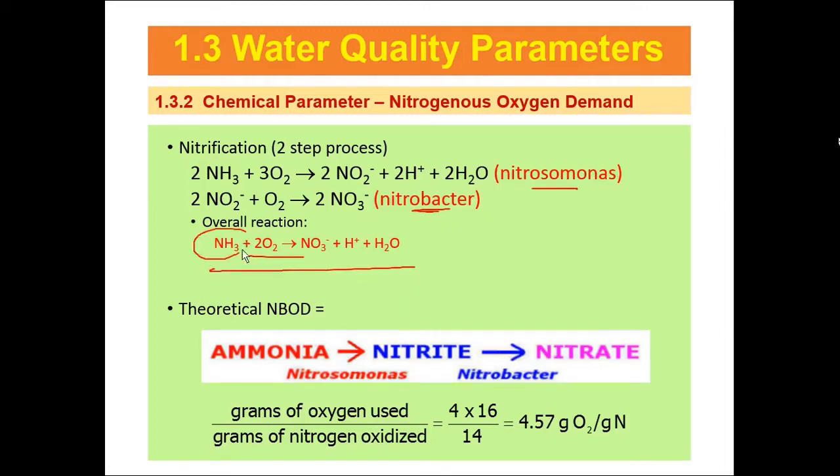Ammonia requires oxygen to degrade the organic matter. So for the theoretical nitrogenous BOD, the equation shows how many grams of oxygen are used per gram of nitrogen.